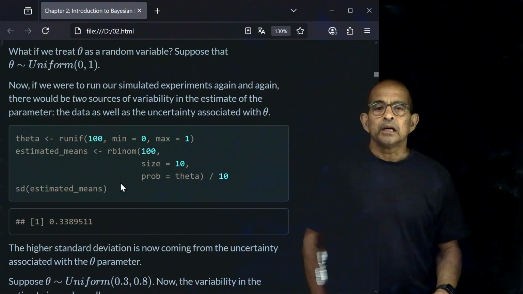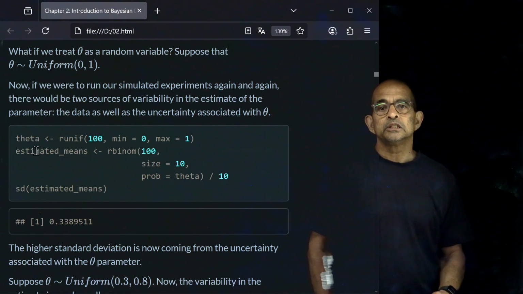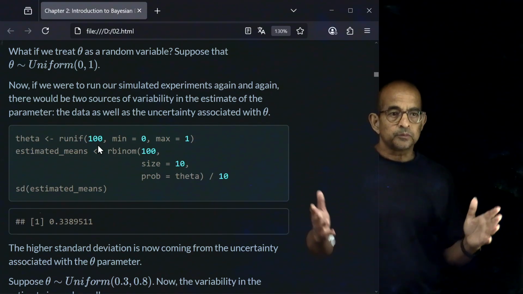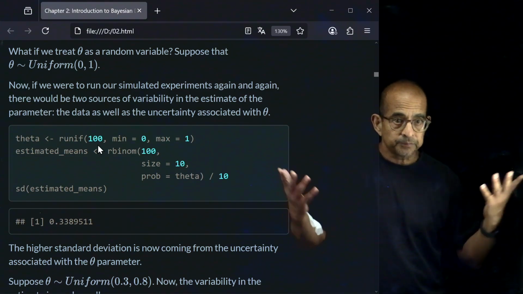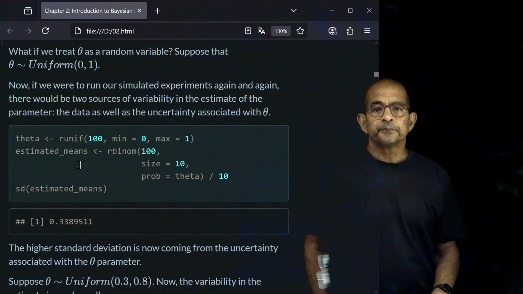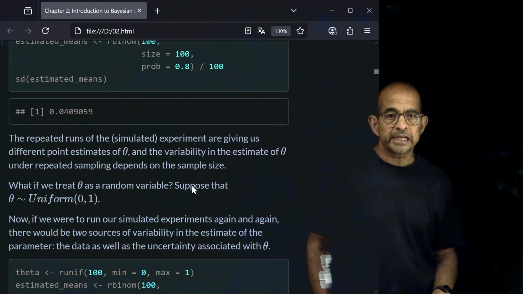So once we make this step where we assume a prior on theta, what will happen is that if I generate a bunch of random data from a uniform distribution ranging from 0 to 1, let's say 100 data points that represent a priori plausible values of theta, and I repeatedly compute the estimated means and the standard deviations of those estimated means under repeated sampling, what's going to happen now is, because what I'm plugging into this equation is no longer a point value. Remember what I did earlier?